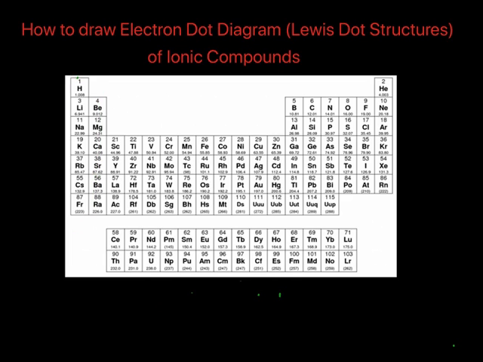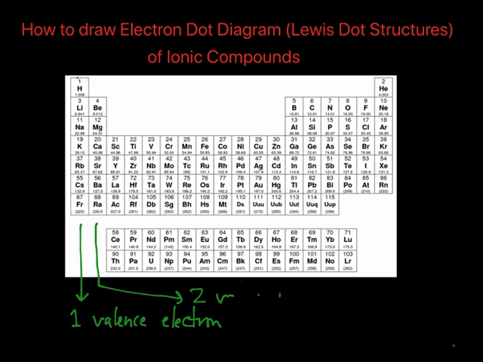So all the elements in this first column have 1 valence electron, and this is the electron that will either be removed from the atom to interact with another element. Looking at the group 2 metals in this column, these have 2 valence electrons that can do chemistry.